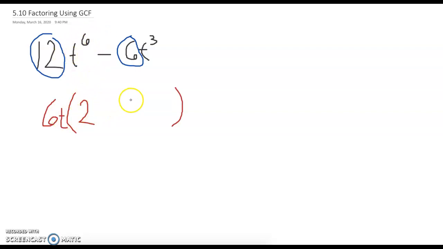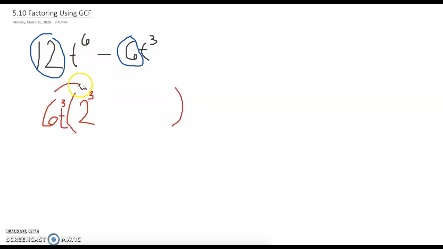But we don't need to do all that necessarily. We can simply put 3, otherwise known as cubed, and the 2 stays. So when we distribute, 6 times 2 is 12, and t times t cubed, 3 plus 3 will equal 6. So we know our answer is going to work with this one.